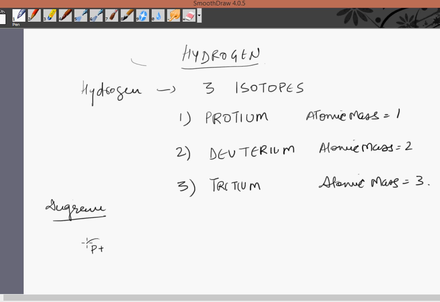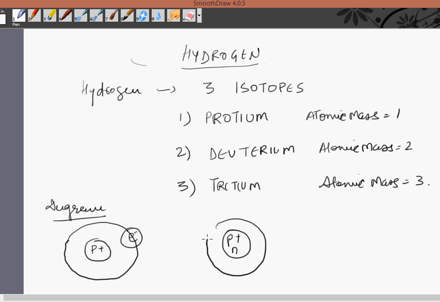One proton with no neutron in the nuclei. This is the protium. One electron, one proton. In the second, there is one proton and one neutron, with the electron in its orbit. It's the deuterium.